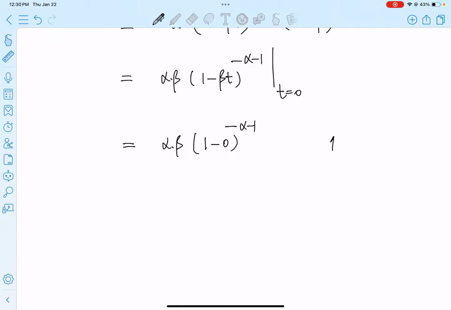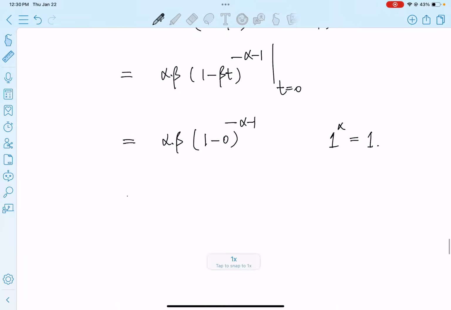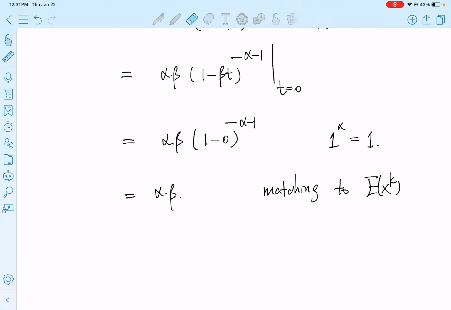So again, 1 raised to any arbitrary power is just equal to 1. So that is equal to alpha beta. And then this is matching our formula for E of x raised to the power of k. Previously we derived a formula for the kth moment, and then we plugged in k equal to 1 to get that.